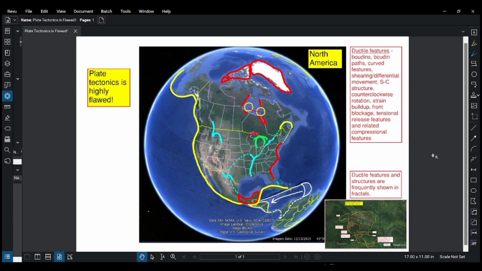Okay, so this is a structure, North America, showing structural features. Those features have different colored lines that you can see. All right, so these overlaid lines in the different colors that you see on Google Earth are structures and fractals that show ductile features. That's why they're curved and they're bent and they're preserved on the brittle continent, but at one time they were ductile features.